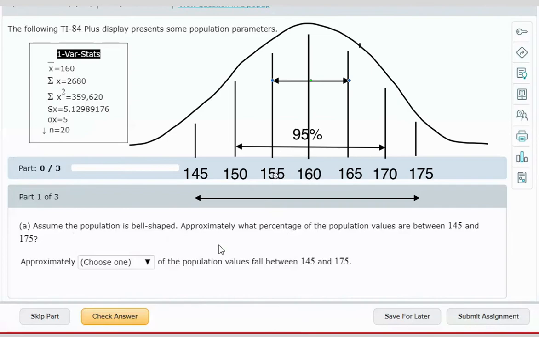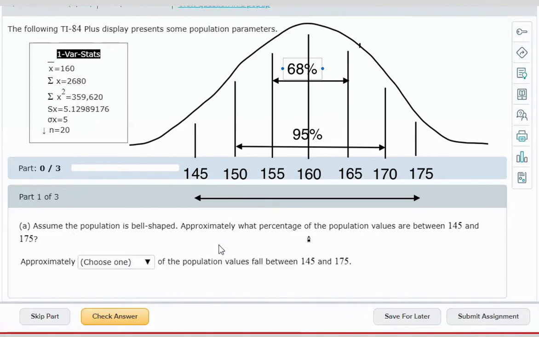And if it was going, in this case, from 155 to 165, they were asking about those, then that would correspond to 68% of the data. And so put that one up here.